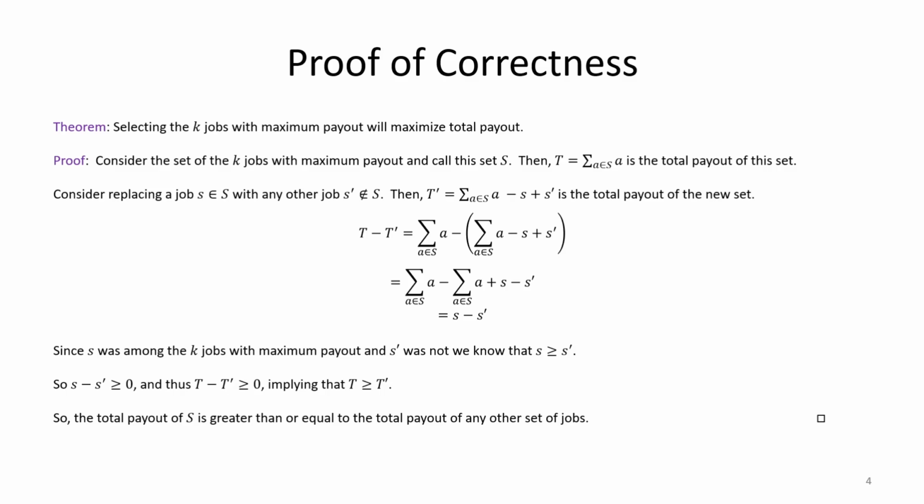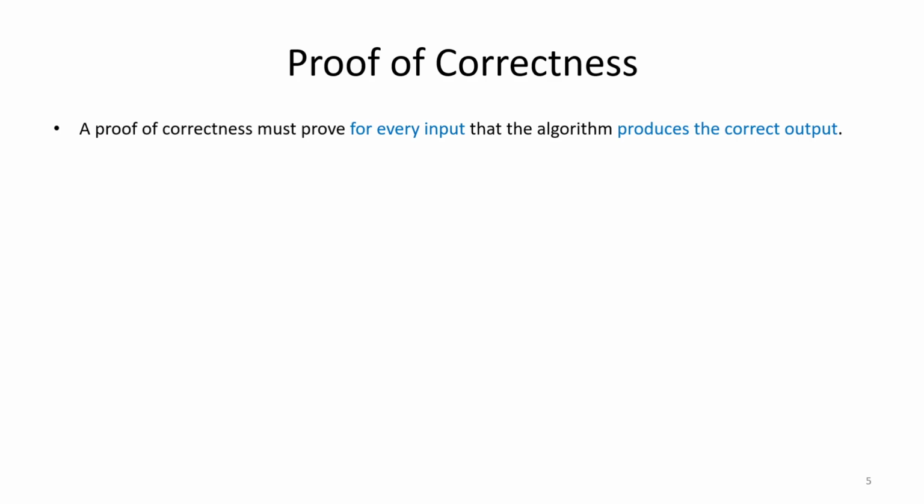So I'm going to pivot now. We're going to look at a different kind of proof after talking a little bit about some properties of proofs of correctness that are important so we can avoid some pitfalls. Okay, so the first thing I want to highlight is, what is a proof of correctness for? Why are we doing it? So here it says a proof of correctness must prove for every input, that's important, that the algorithm produces the correct output.